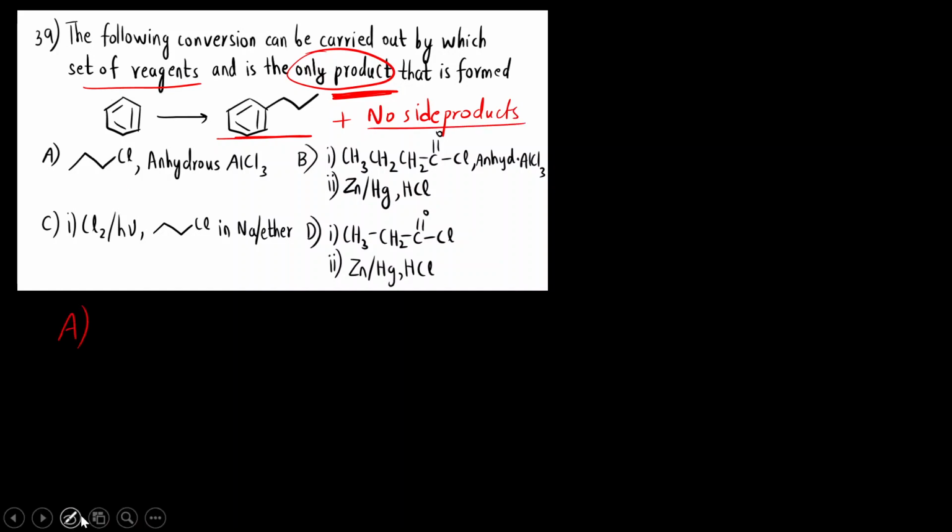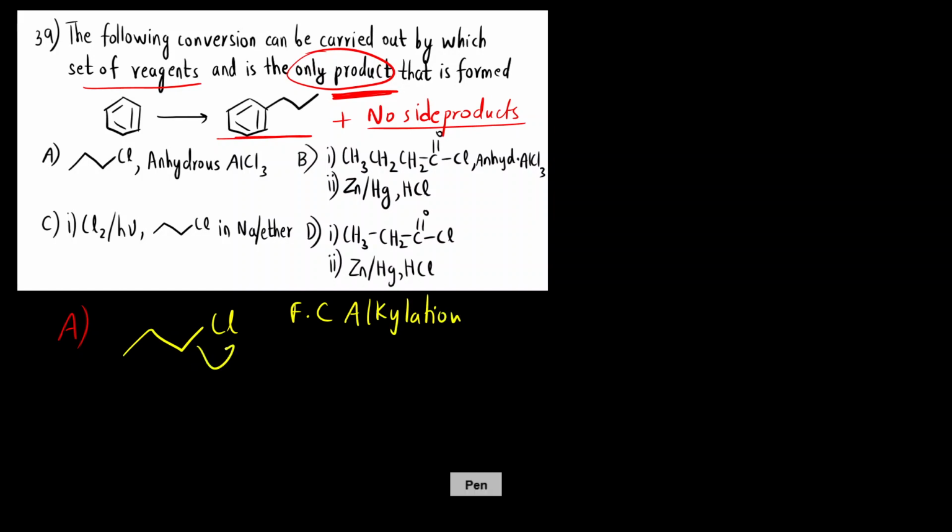First option. Okay, first step is this is which reaction? Anhydrous AlCl3 and alkyl chloride. This is Friedel-Crafts alkylation. First step is you will remove this Cl minus. I will get a carbocation, that is a primary carbocation, which is less stable.